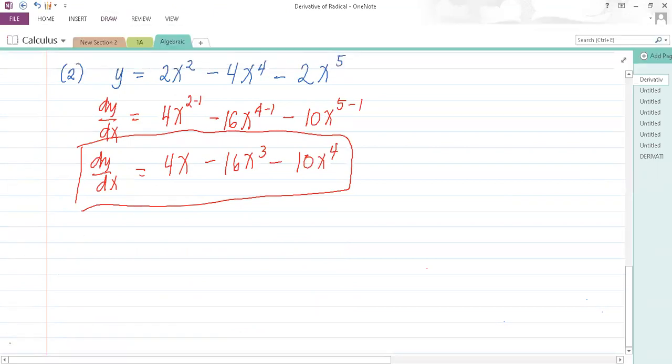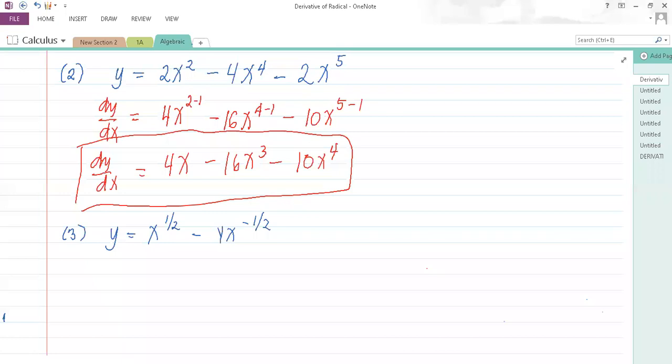To differentiate the given function, say our function is equal to, say y is equal to x raised to 1 half, okay, minus 4x raised to negative 1 half. Okay, so ano yung magiging derivative niya?